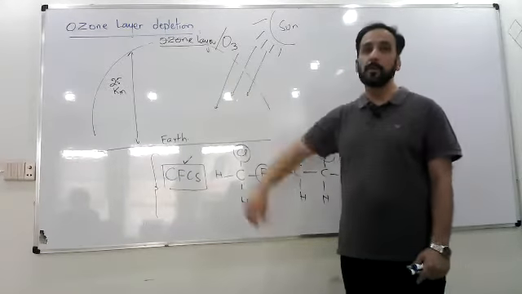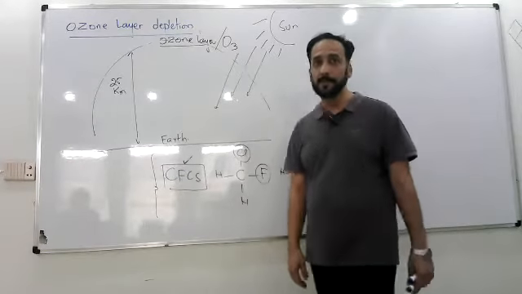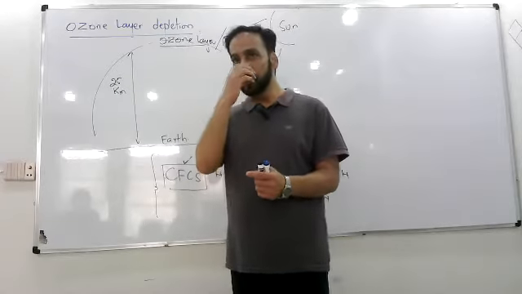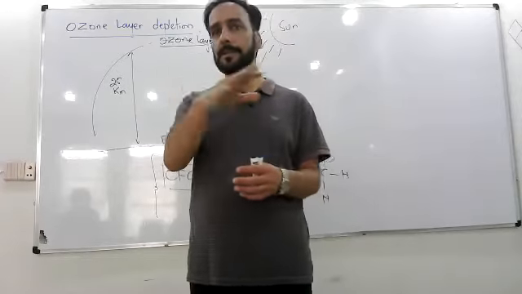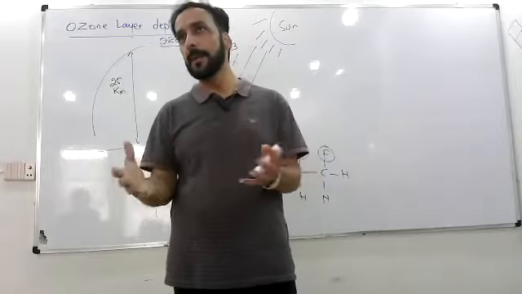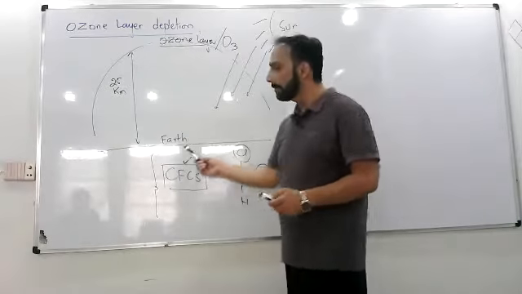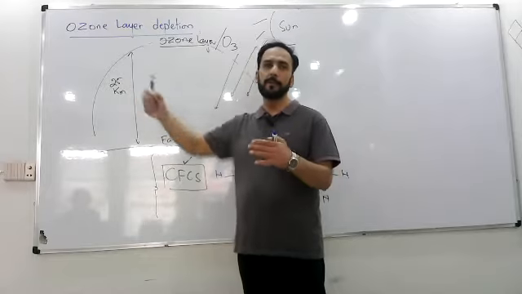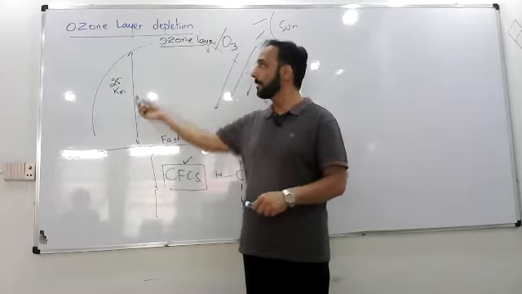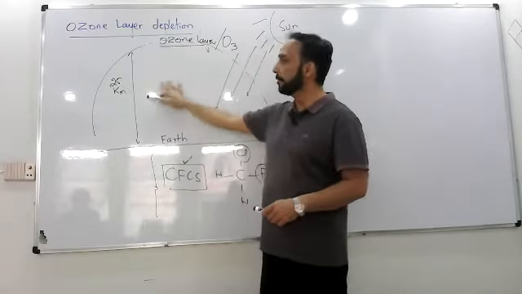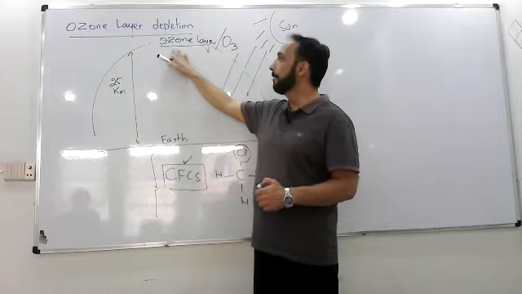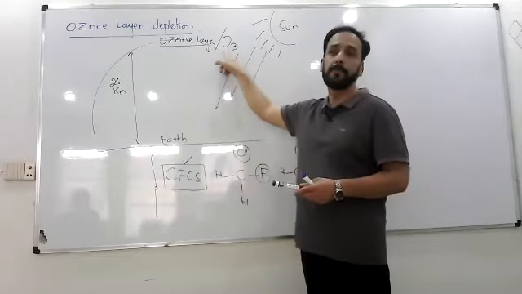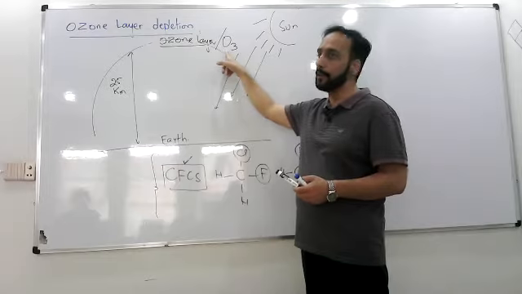I was explaining the ozone layer, its role and its depletion. Ozone layer depletion means that this ozone layer gets removed in patches at different places above the surface of Earth. If you go above to about 20 to 25 kilometers, first you have all of your atmosphere, then we have this ozone layer. Ozone layer chemically is O3, okay? O3 is its formula.